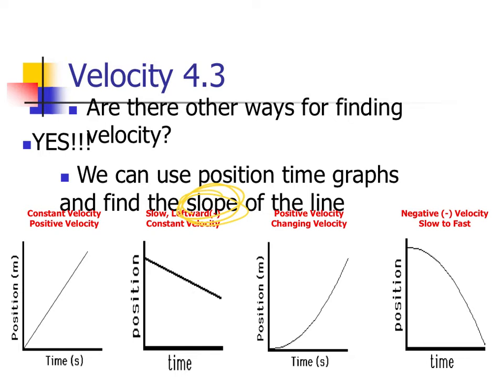Now, when we look at these pictures on the bottom here, we can see that the first two of them have no curvature to them. Meaning if I took the slope, and when we talk about the slope, we mean the rise over the run at any point through this time, it is going to be the same no matter where it is.